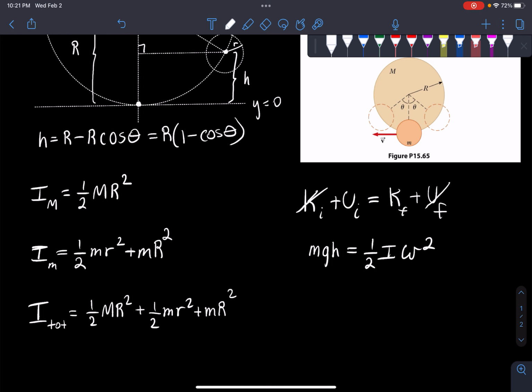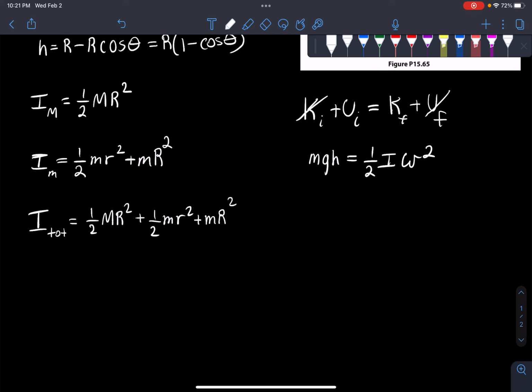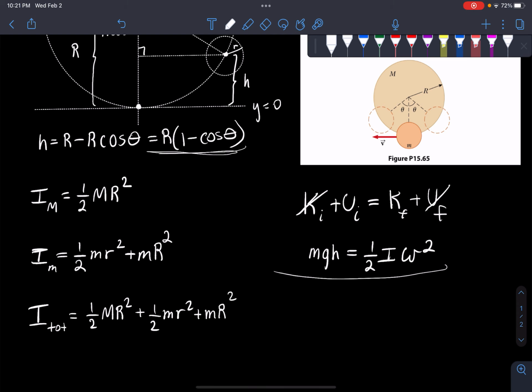Okay. Now, let us rewrite the potential, or rewrite the energy equation right here in terms of all these given variables. So we have mg times h, where h is this right here.